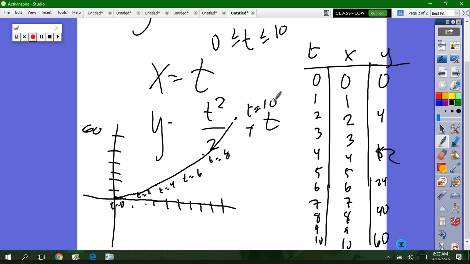And then I put a direction. That's how it's progressive. Does everybody understand how you would graph a parametric? I'm going to show you on the next one why it's important.